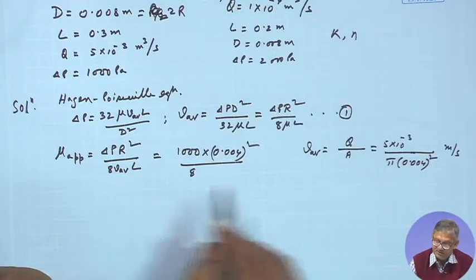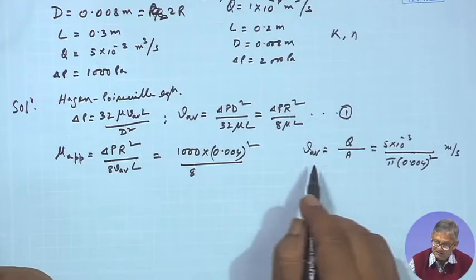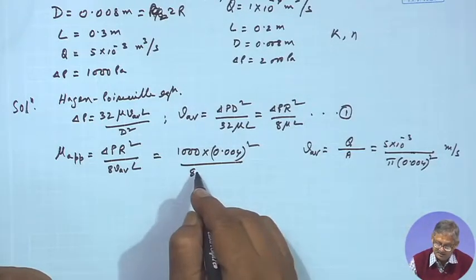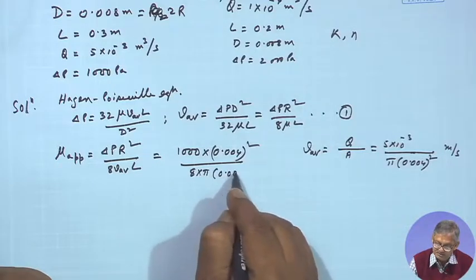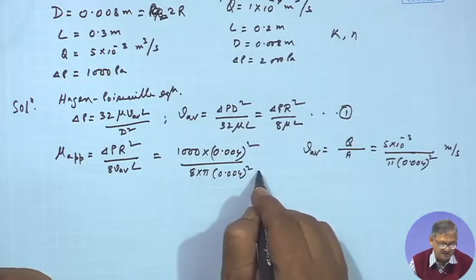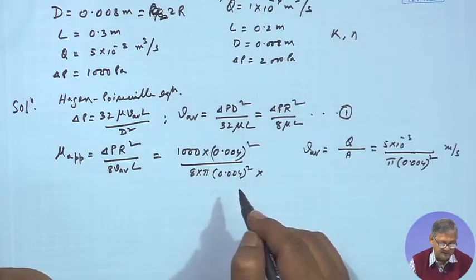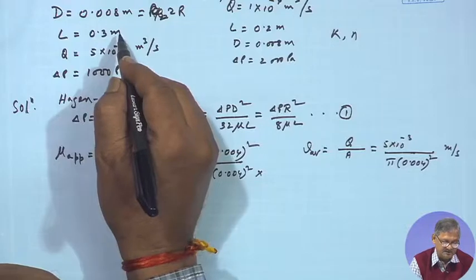So if we apply that, 8 V average, so 8 into pi into 0.004 square, right? L given is 0.3 meter, right?